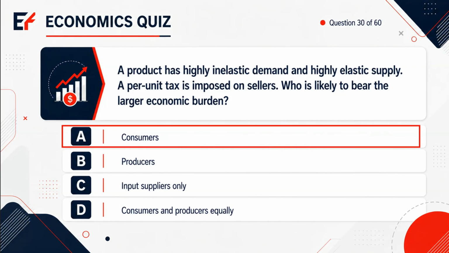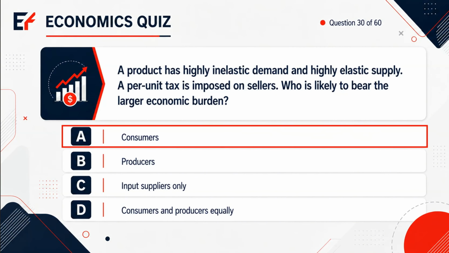Let's focus on tax incidence. The larger tax burden falls on the side of the market that is less responsive to price changes. Here, demand is highly inelastic, so consumers do not reduce quantity demanded much when price rises. Supply is highly elastic, meaning producers can respond more easily, so they bear less of the burden.